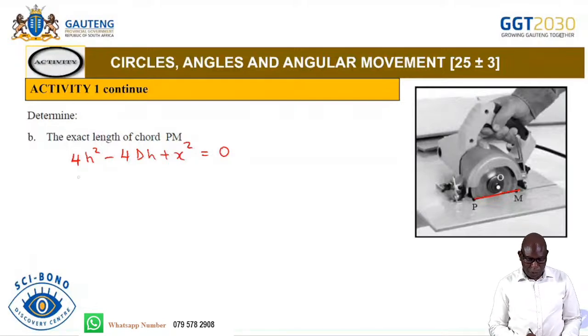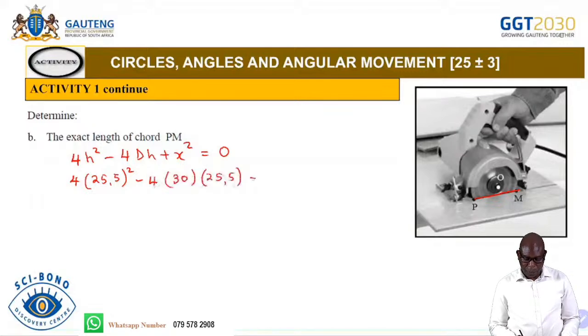So I'll then substitute because I know everything. I know the height. My height is 25.5 squared. I know my diameter is 30. I know my height is 25.5. But what I don't know is the length of the chord, which is PM in this case.